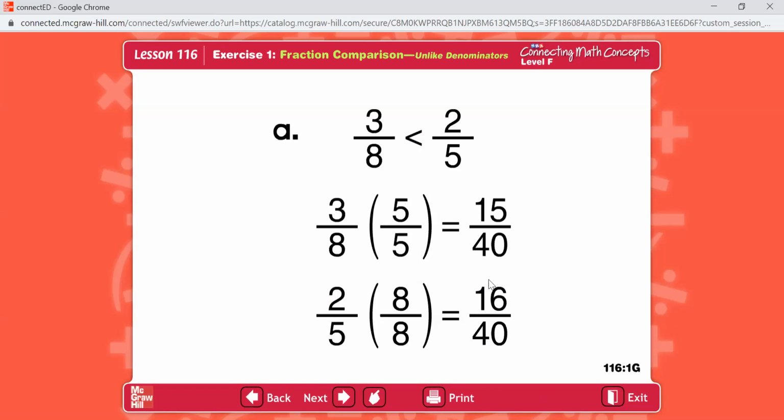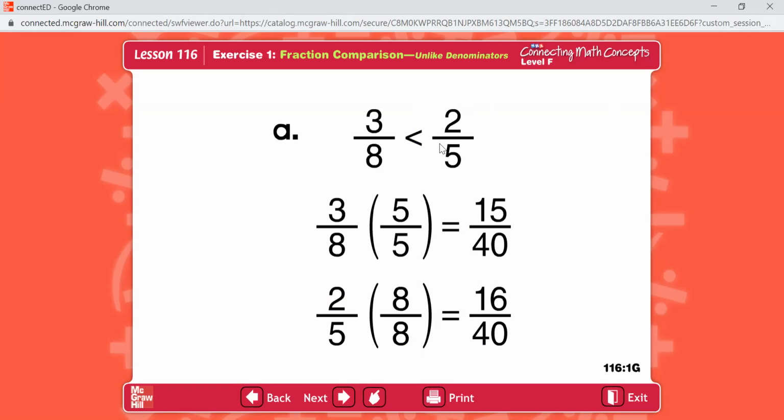And 2/5 gets turned into 16/40 because 5 times 8 equals 40. So, which is larger? 15/40 or 16/40? 16/40. It's closer to 40 out of 40. So this fraction is larger.